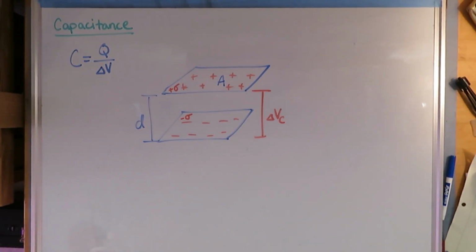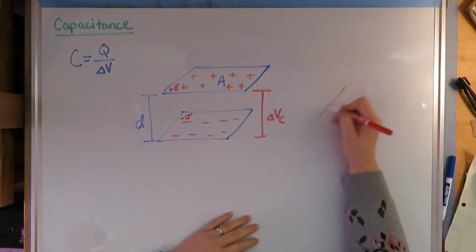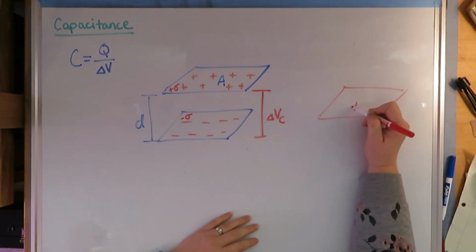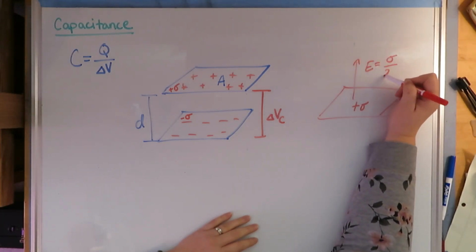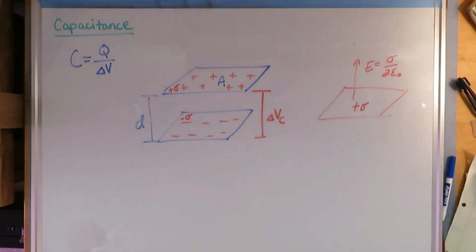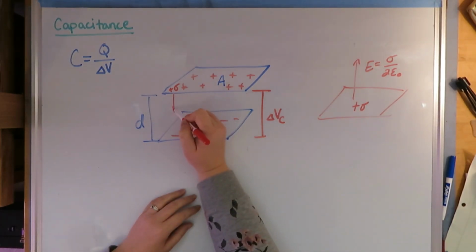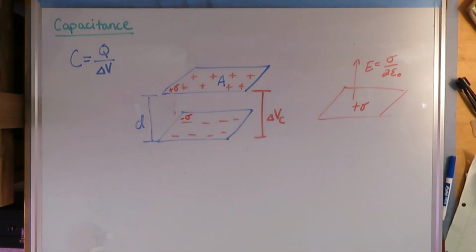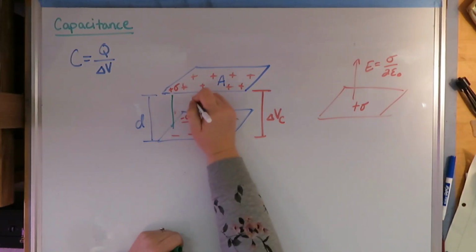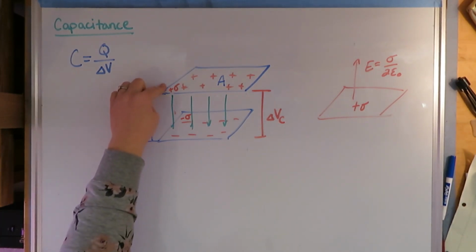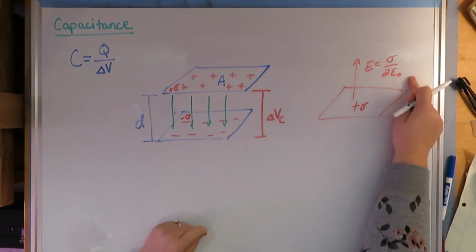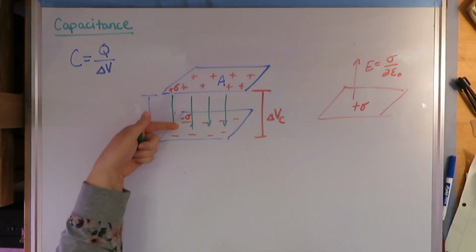Well, we've learned about these sheets before. We talked about the electric field due to an infinite sheet. If I have an infinite sheet with positive sigma, then it's creating an electric field equal to sigma over 2 epsilon naught. This plate is contributing E equal to sigma over 2 epsilon naught, and that's uniform, it's not dependent on radius.